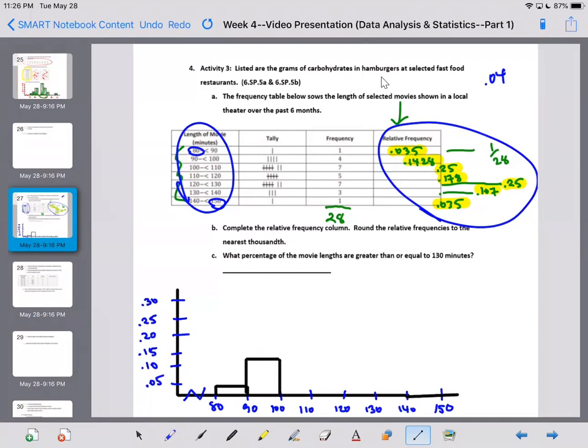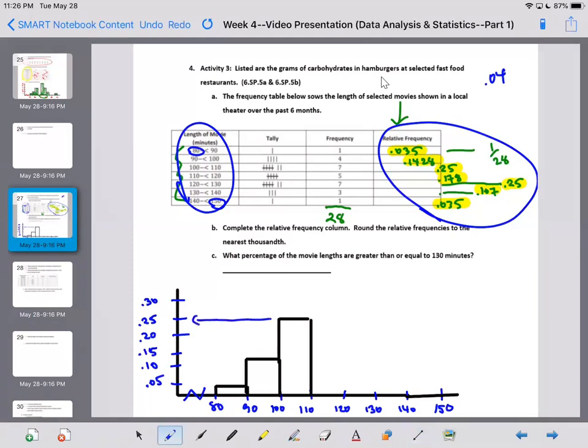From 100 to 110, excuse me, we were at about 25 hundredths. So notice when I say 25 hundredths, I'm just looking over here to make sure that I'm lining that up.